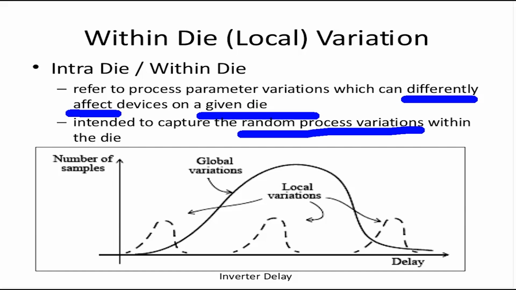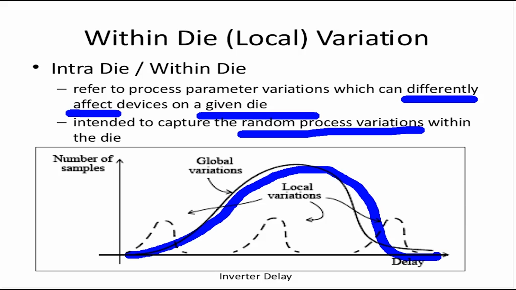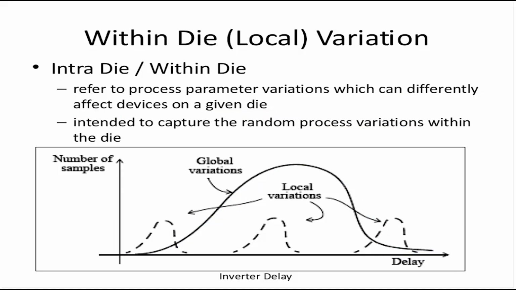So this is the graph where global variation is obviously a much wider curve, and here we plot the delay against the number of samples. Global variation would be a much wider curve, obviously, because it is across dies. It takes into account a lot of dies. The local variations can be, let's say, for this curve for one particular die, this curve for another die, and this curve for some other die.